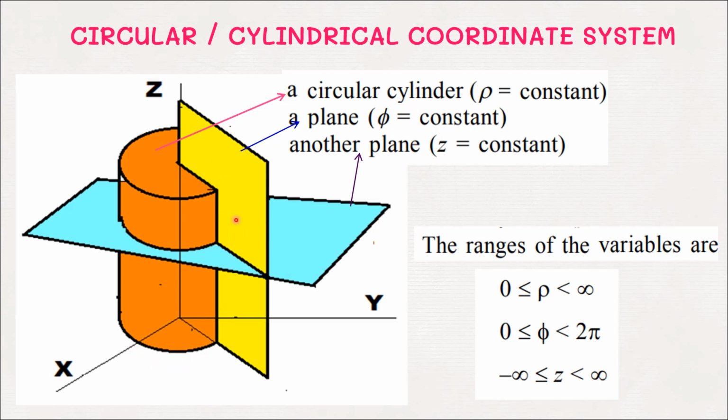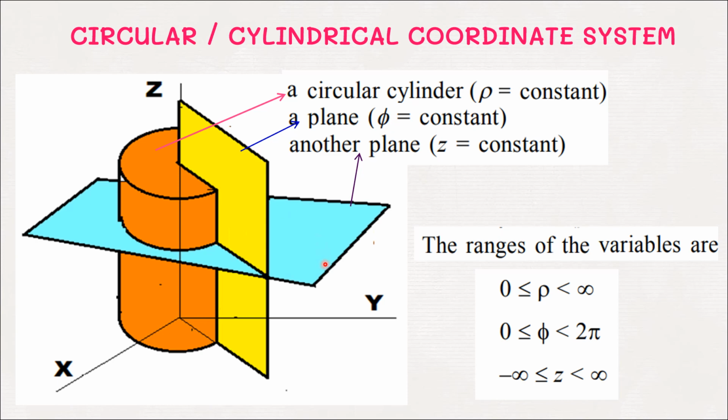The third one is a plane with z constant, which means that from this line this height is going to be z. So any point P in cylindrical or circular coordinate system is an intersection of a cylinder, a plane with phi constant and a plane with z constant.